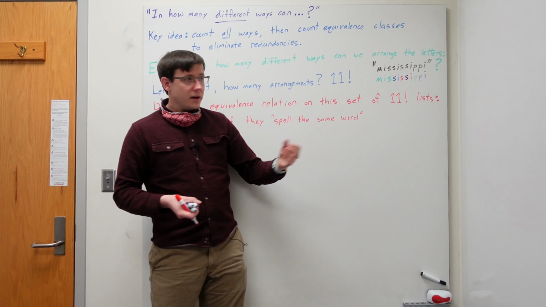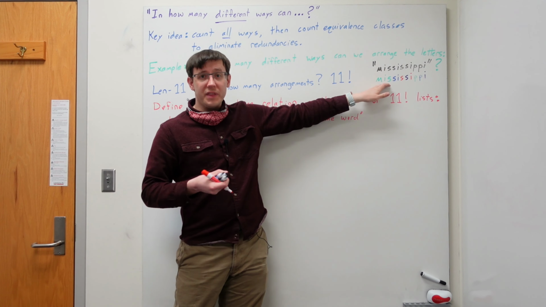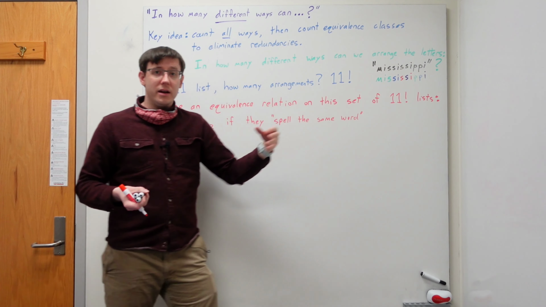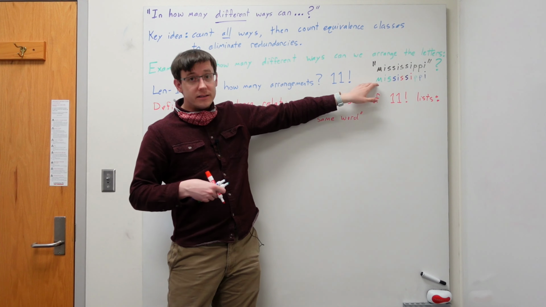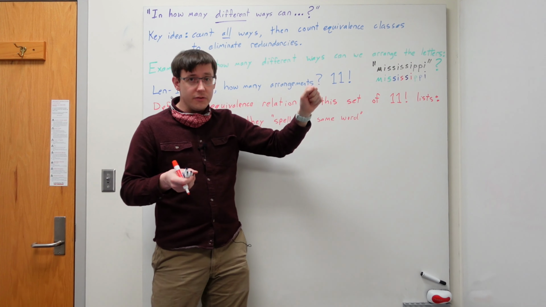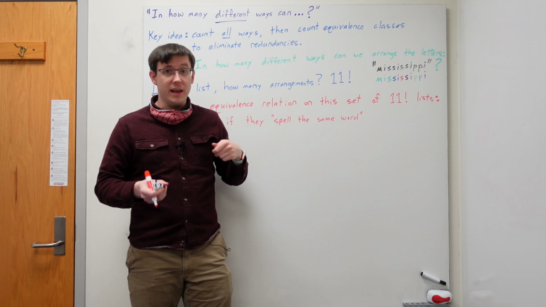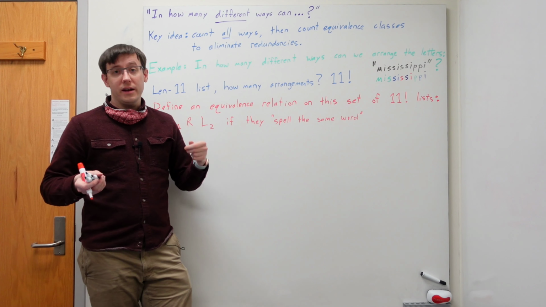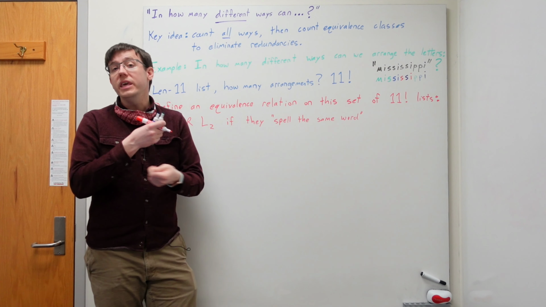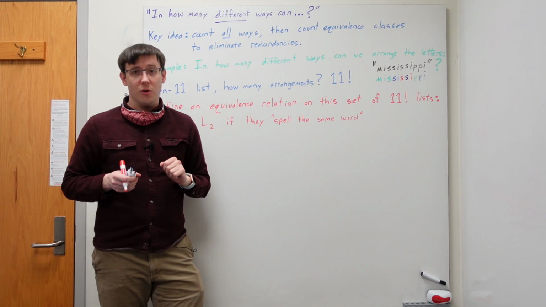So on the set of 11 factorial different lists of the letters when they have been colored, we can define an equivalence relation that 2 lists are equivalent if they differ only in the assignment of colors to the same letter. So if we're spelling the same word, that is, we're only changing which P goes where, for example, then we consider those 2 lists equivalent.